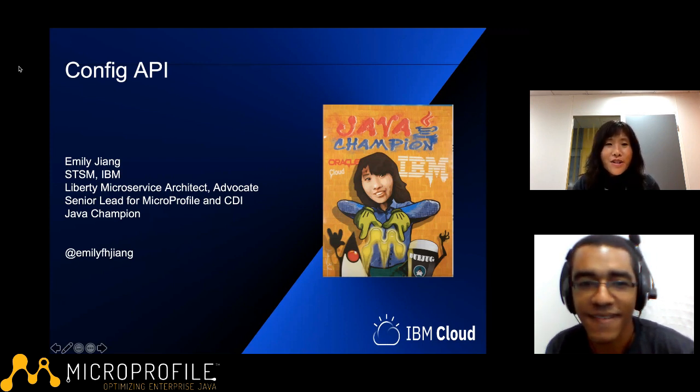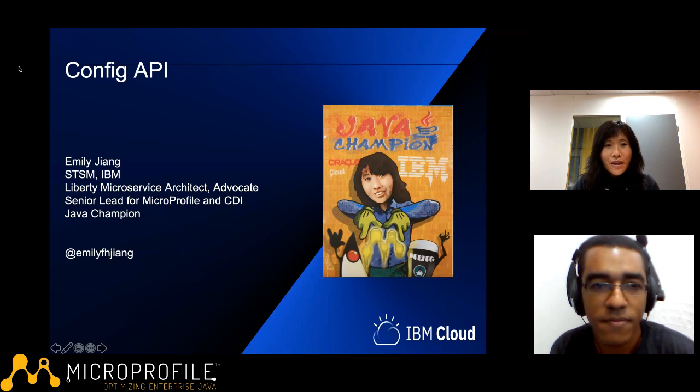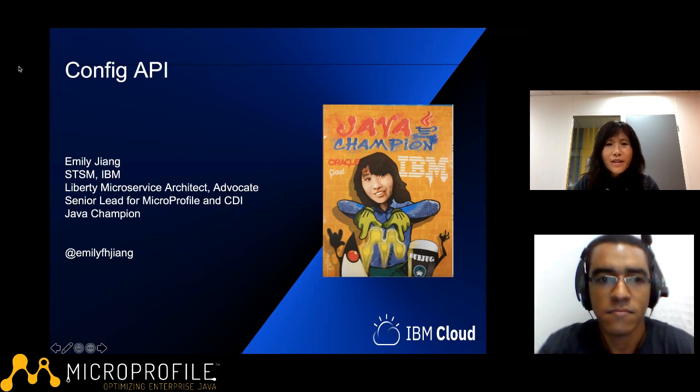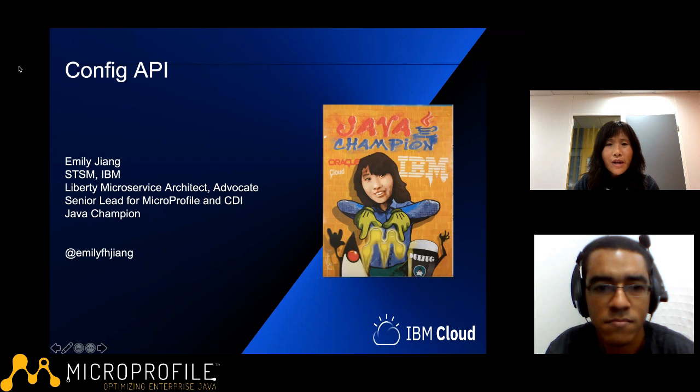I am Emilly Jiang. I work for IBM. I'm a senior technical staff member, a Liberty microservice architect, and also an advocate. I go to a lot of conferences and talk to a lot of attendees and customers regarding Liberty and MicroProfile.